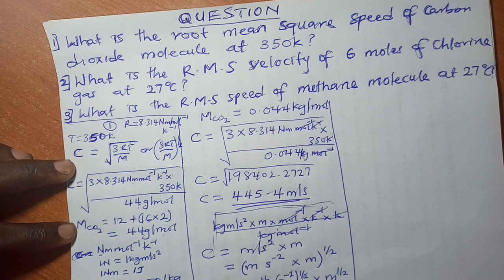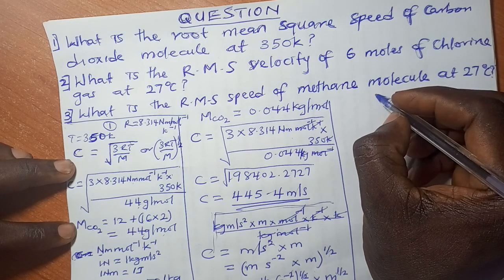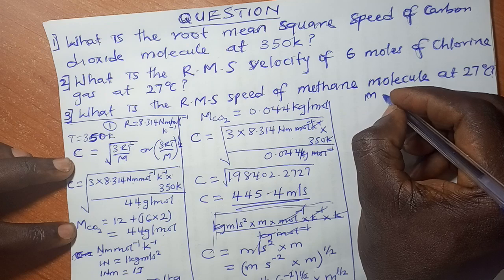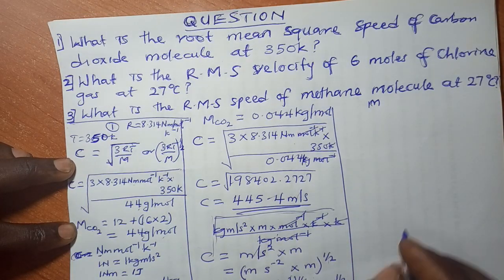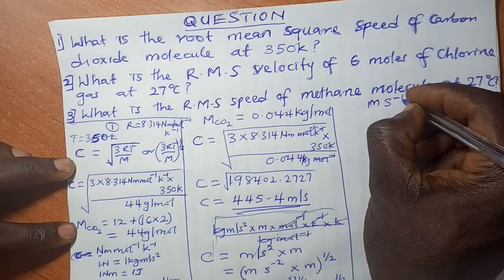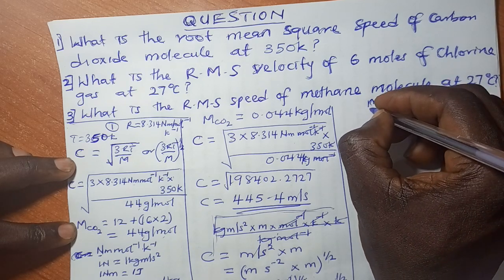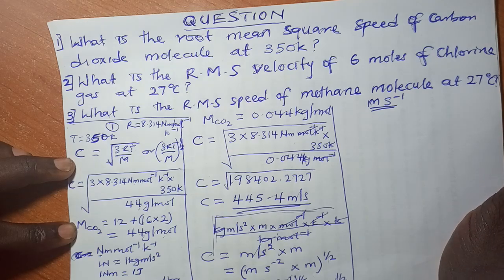If you solve this, half plus half will give you 1. So you will have meter to the power of 1, then per second. So your answer will be in meter per second.